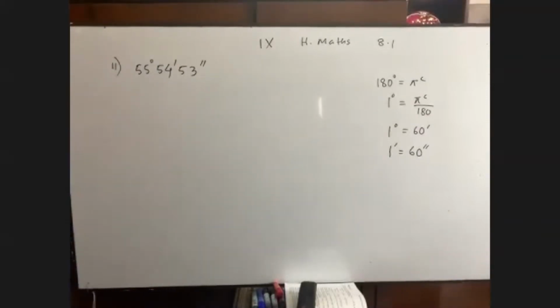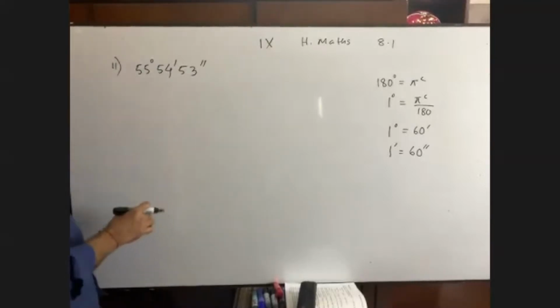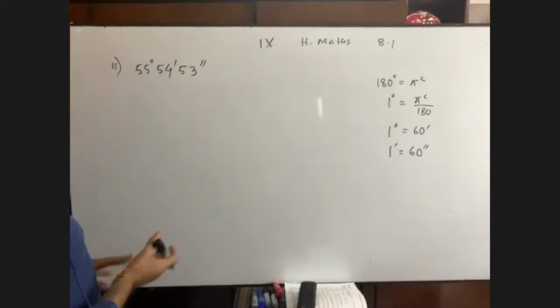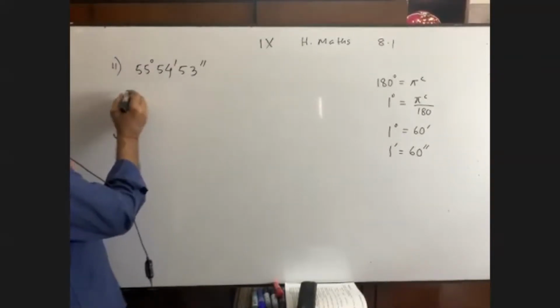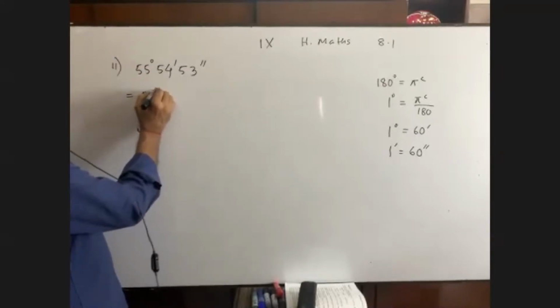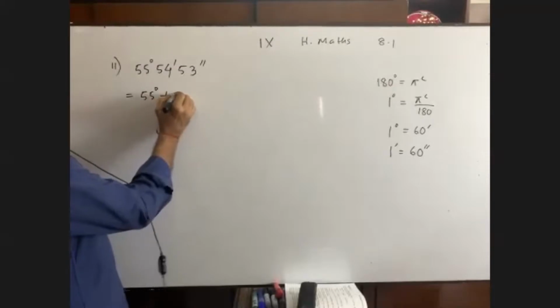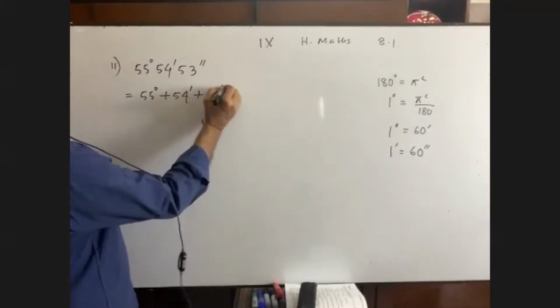It is 100% impossible to do this math without the help of calculator. But you, the students, have tendency not to keep calculator with you. You see, this is 55 degree. In this way, you have to write 54 minute, 53 seconds. Do it.